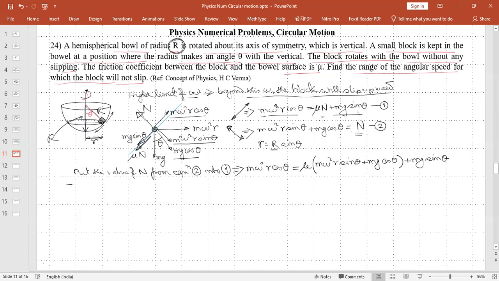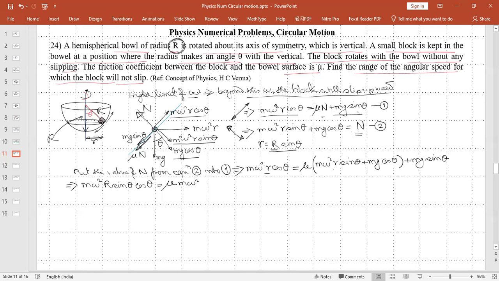From here, what we get? We get m omega square. Now, this small r is capital R sin theta. Capital R multiplied by cos theta is equal to mu multiplied by m omega square r.